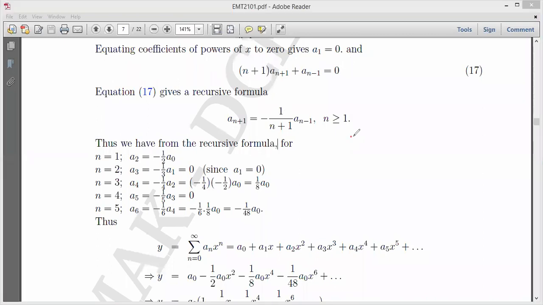That would give us -1/6. We can check that out. n is 5, isn't it? So if it is n5, this would be a4 because it is 5 minus 1, which is 4. But what is F4? F4 is 1/8 n0.